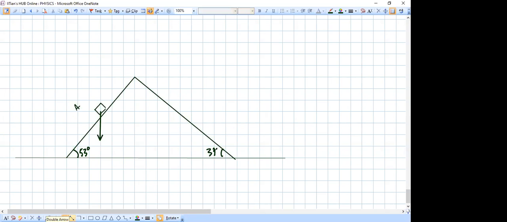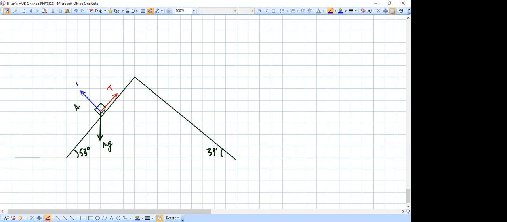Okay. There'll be the tension in the string, which we saw earlier. That is along the inclined plane. So the tension is in this sort of direction, parallel to the inclined plane. And there'll be the normal reaction which the surface is applying on it. That will be along this perpendicular direction.